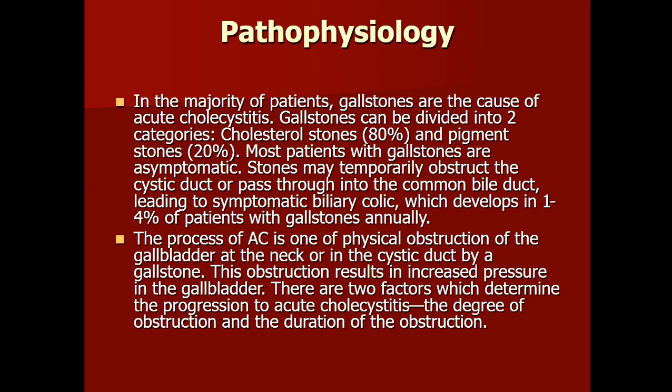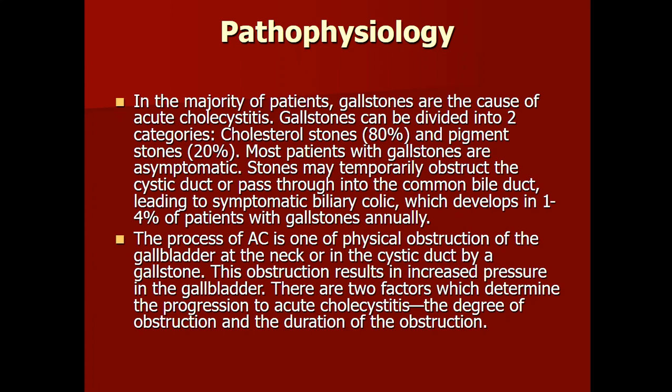The process of acute cholecystitis is one of physical obstruction of the gallbladder at the neck or in the cystic duct by a gallstone. This obstruction results in increased pressure in the gallbladder, and there are two factors that determine the progression to acute cholecystitis: the degree of obstruction and the duration of obstruction.